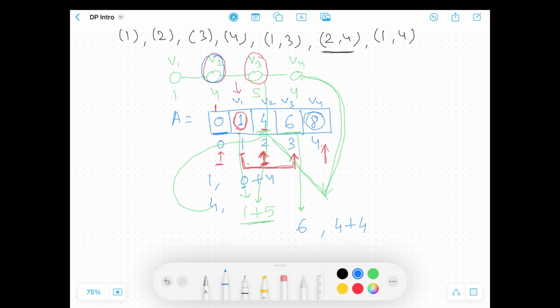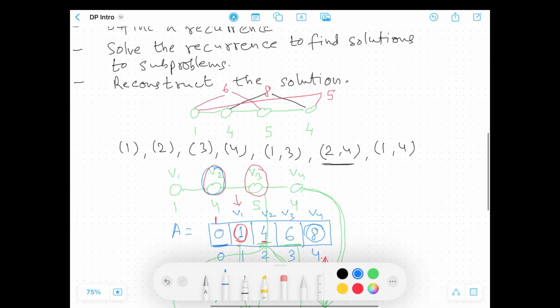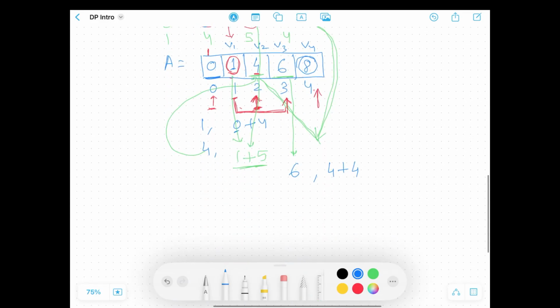So the maximum weighted sum for this graph is 8, and I think we already looked at it. The maximum weighted sum was 8. So what we are doing, we are either taking the previous index, or we are taking the previous to previous index plus the weight of the ith vertex.